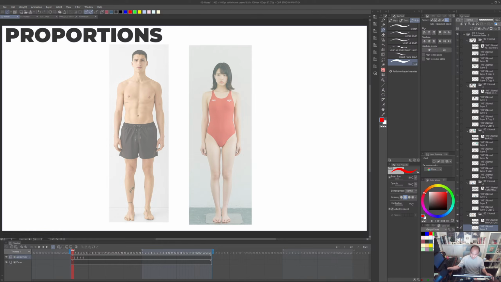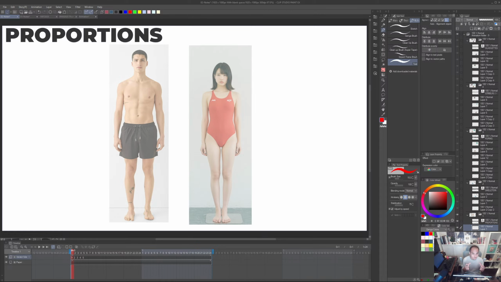But you have to first establish how to draw the figure, because if you want to draw and animate characters, you need to know how to draw the characters that you will be drawing. First and foremost, there are key points in drawing the human body.